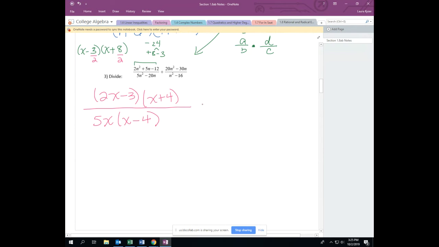And now here's where the change and the flip come in. Change the division to multiplication and flip this guy over, which means that my new numerator is going to be this difference of squares right here. And that factors into x minus 4, x plus 4.